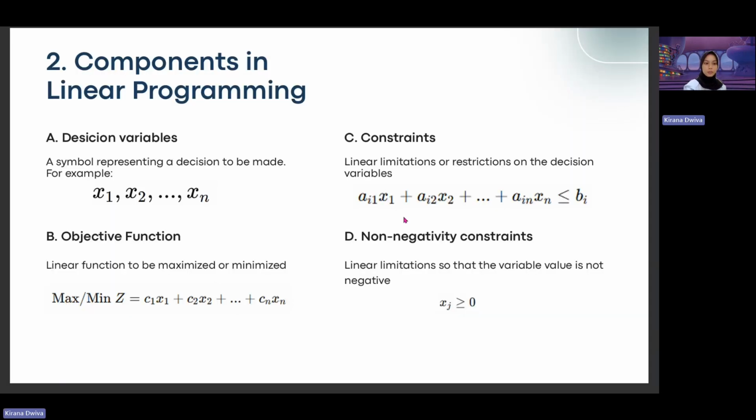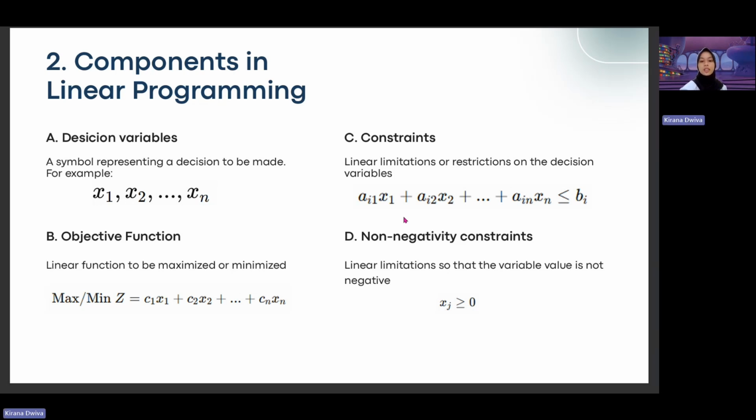Components in linear programming. One, decision variables, symbols representing decisions to be made, for example x1, x2, ... xn. Second one, objective function, a linear function to be maximized or minimized, with the form max or min z equals c1x1 plus c2x2 ... cnxn.